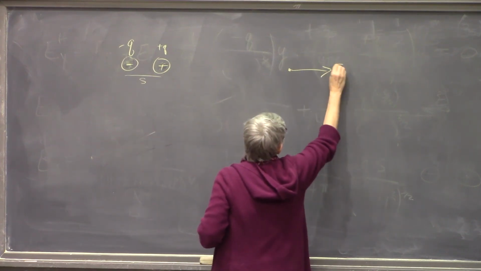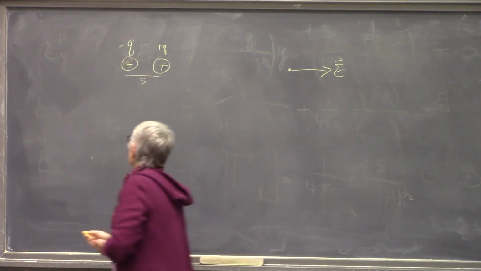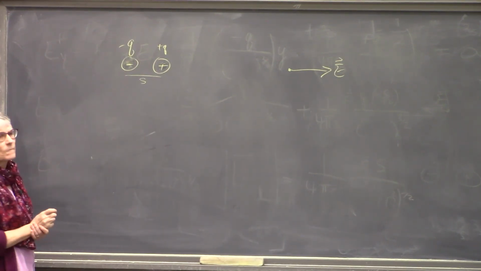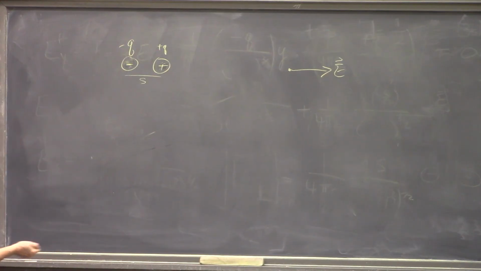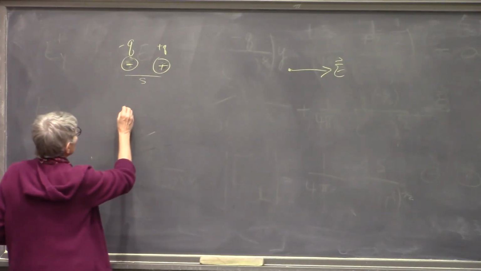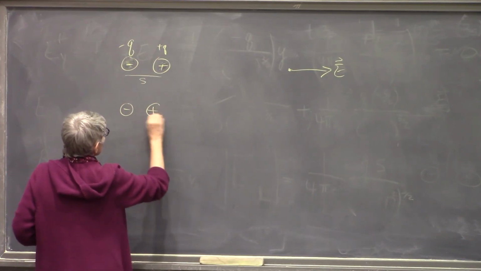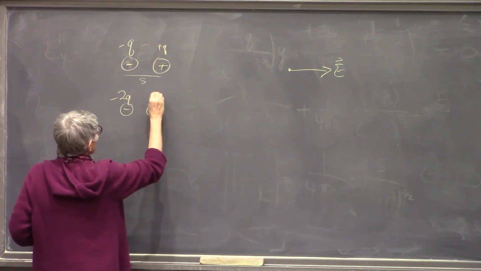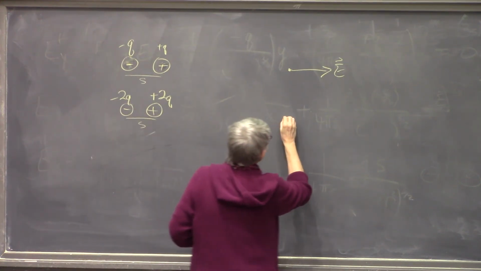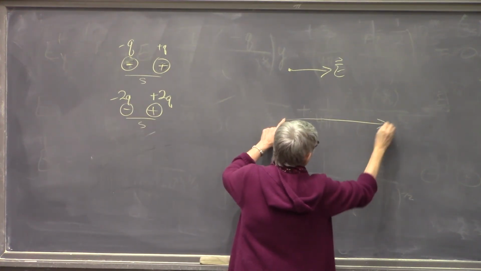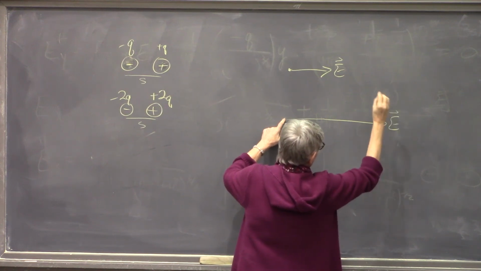It has some value E. If we doubled the value of each charge, so we just double Q, we double the magnitude of the electric field, right? So if we had minus 2Q and plus 2Q over S, we'd actually get twice the field.